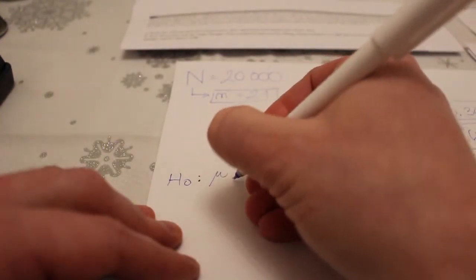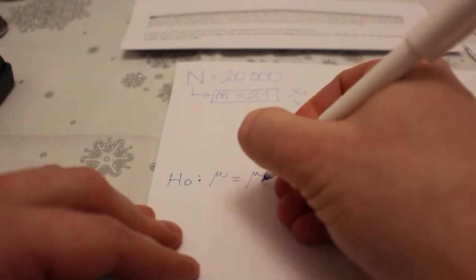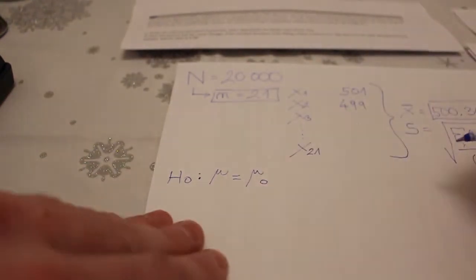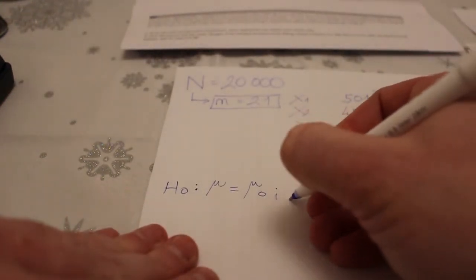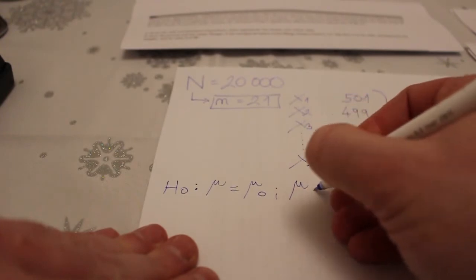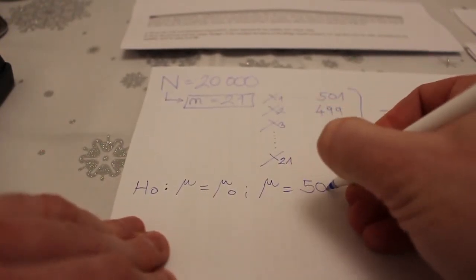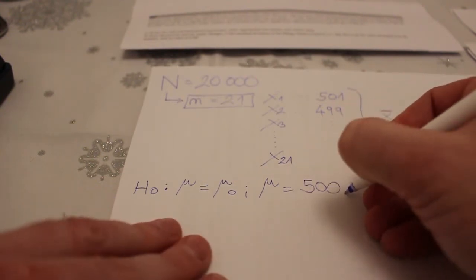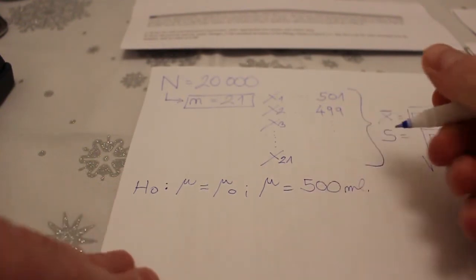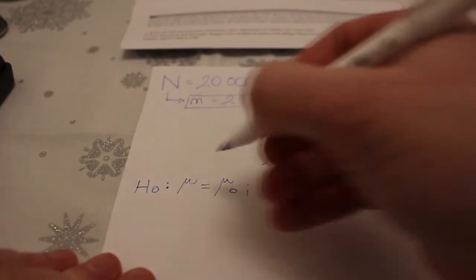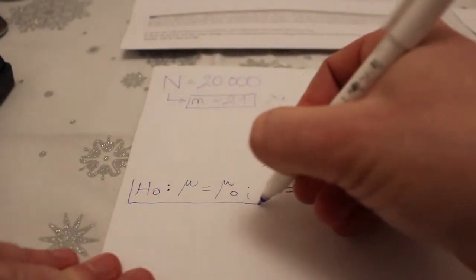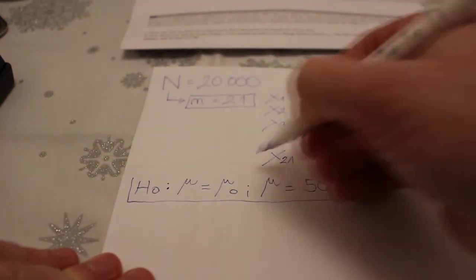In this situation, mu is equal to mu 0. In our situation, we can write here that mu, the mean, the average, is equal to half a liter of beer, 500 milliliters of beer. So this is our null hypothesis.